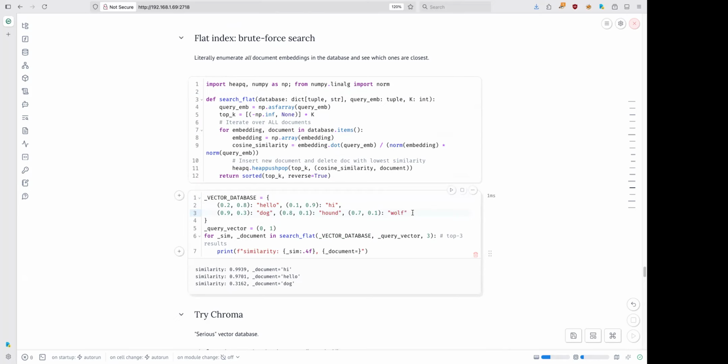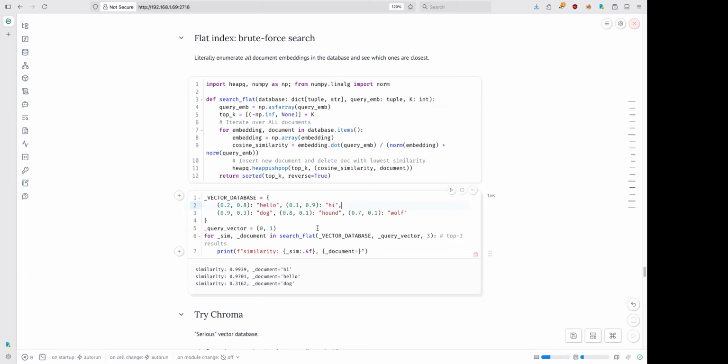And we see, as humans, that the second dimension here represents greetings. See, hello and hi are very high in greeting, and dog, hound, and wolf are low in greeting, right? So this is a contrived example because I know what I want to show.